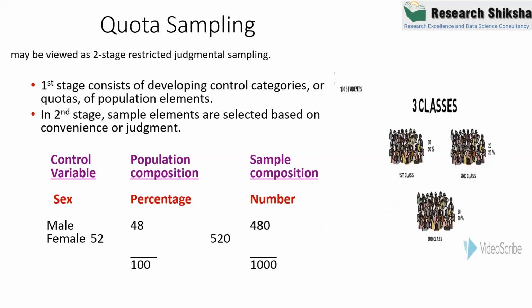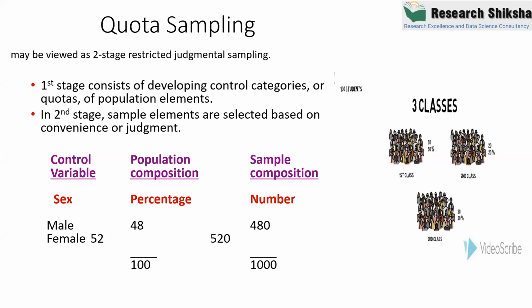After judgmental sampling, now we have quota sampling. As we know, the government has 50% quota for general, then some quota for SC candidates, some quota for ST candidates. So the same meaning we apply in quota sampling.